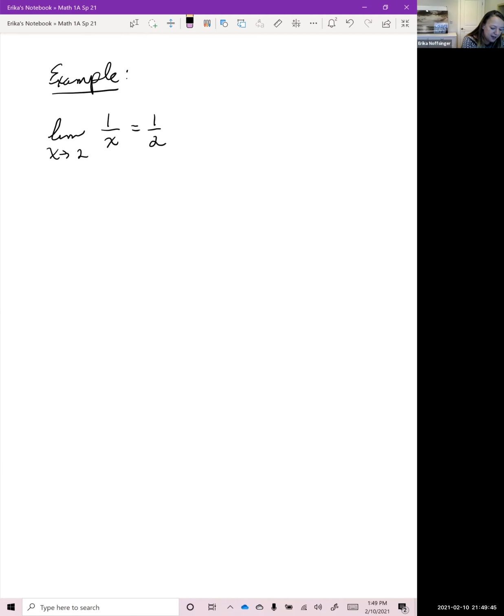So we want to find delta such that the absolute value of 1 over x minus 1/2 is less than 0.1 whenever the absolute value of x minus 2 is less than delta.